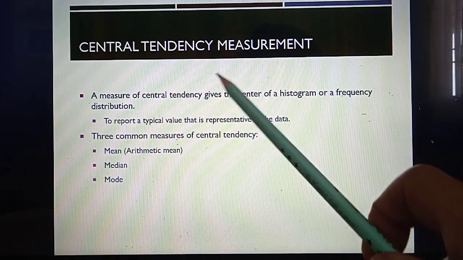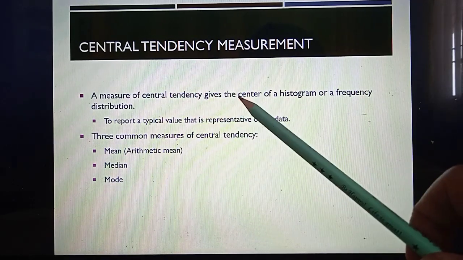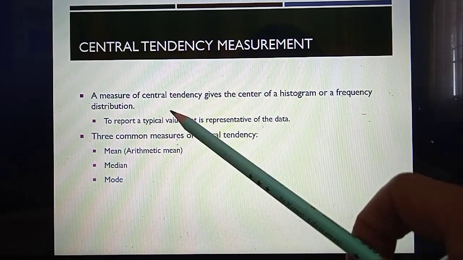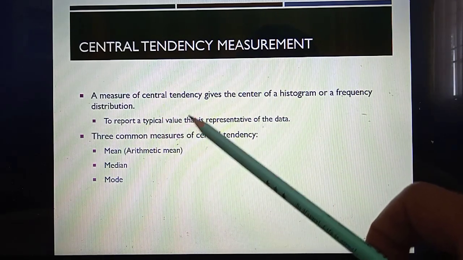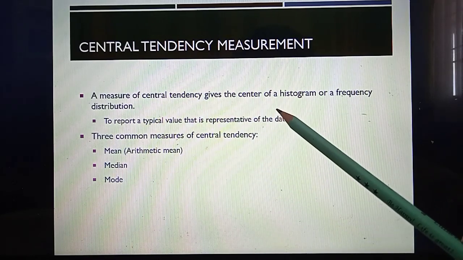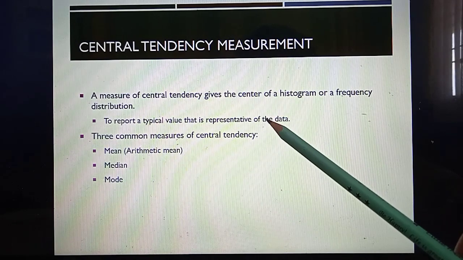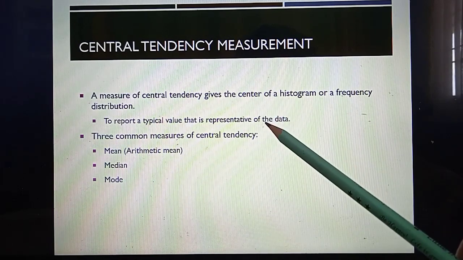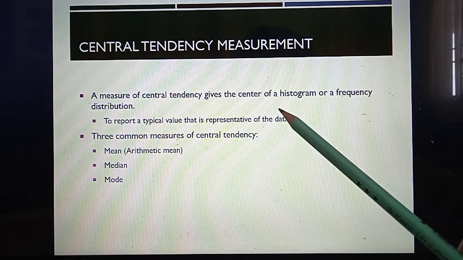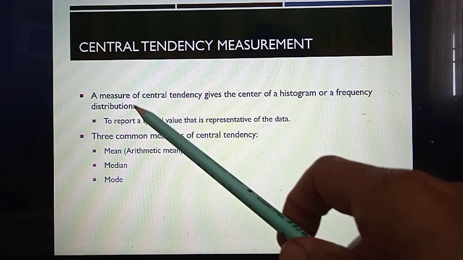Okay, central tendency measurement gives the center of a histogram or a frequency distribution. From the data which is represented by histogram, we will be able to find the center of how often or how frequent the data appear in the distribution.